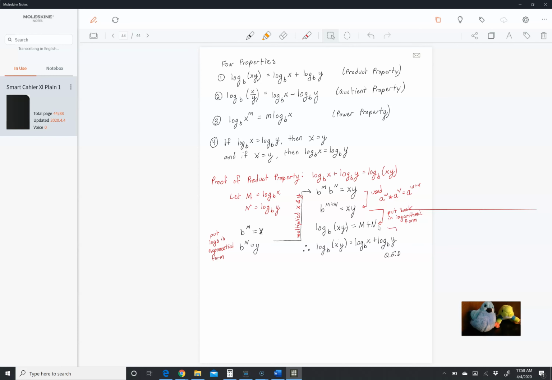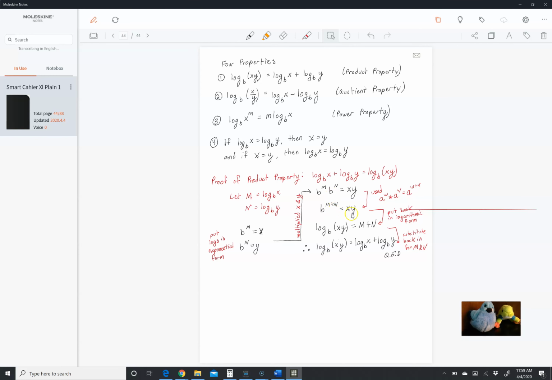And finally, our last step was to substitute back in for m and n. So we took these, we multiplied them. When we multiplied them, we can add exponents if it's the same base.